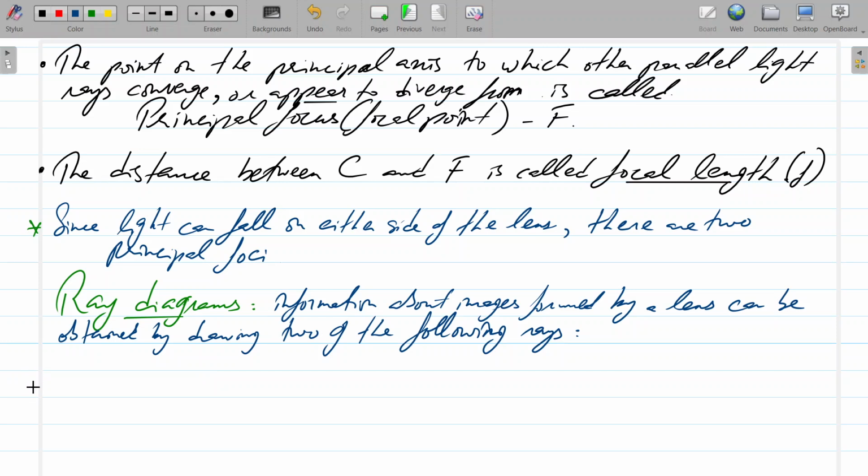They've actually given three, so any two of those.